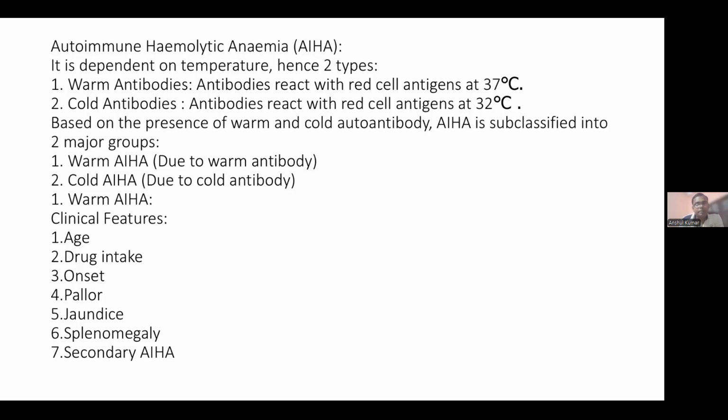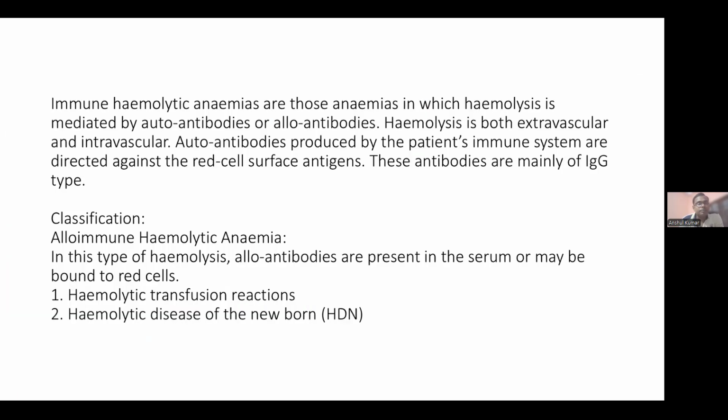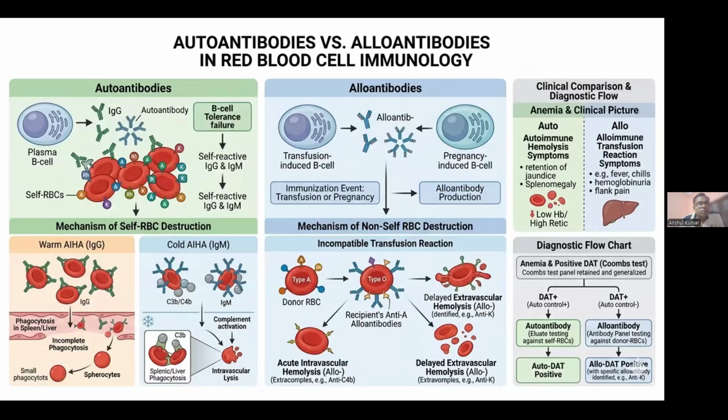If I show you here, you can easily see that the phagocytosis takes place and they bind in the spleen to the Fc portion. Here you see the Fc portions of the antibodies are attached to the phagocytic cells.